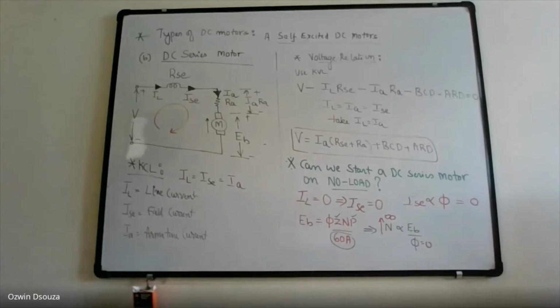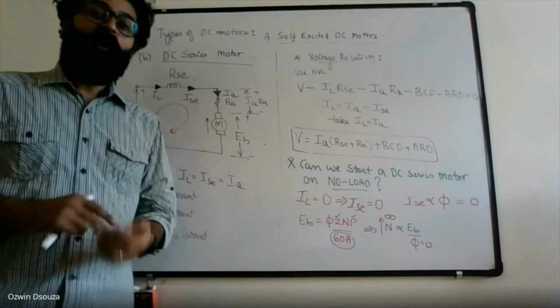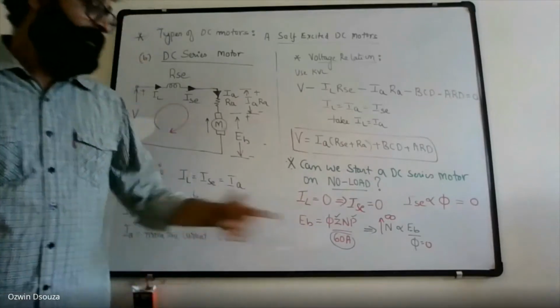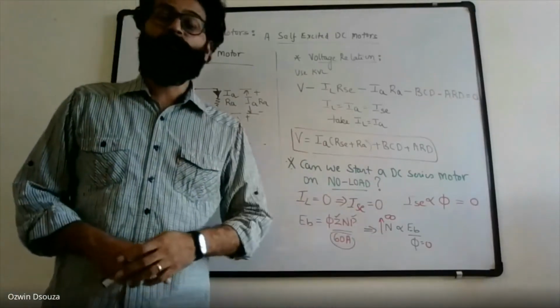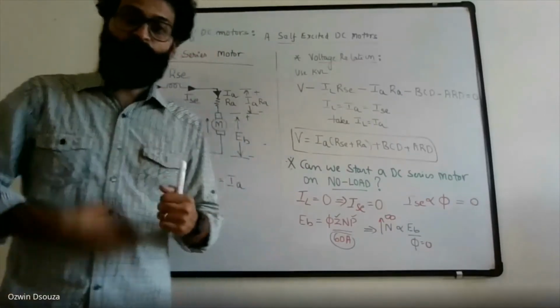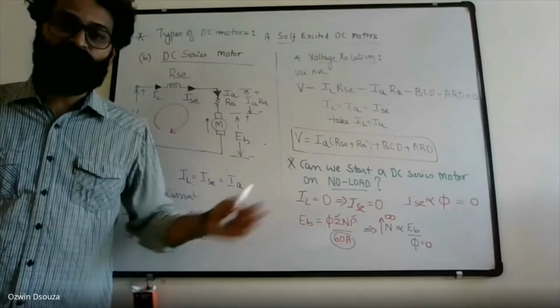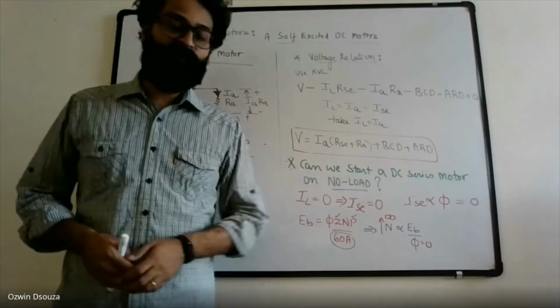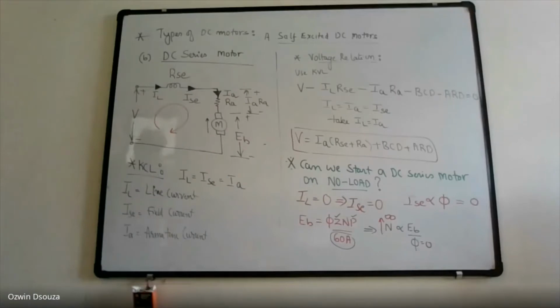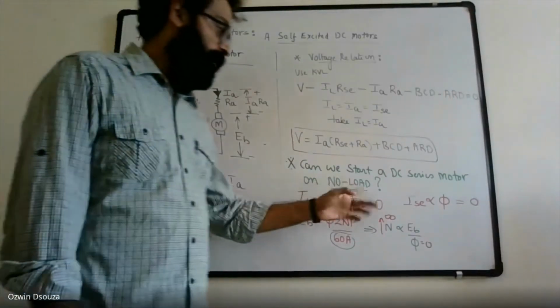So that can damage the motor itself, or it can even damage the operator, because at this very high dangerous speed, it can shatter the bearings and the rotating part of the machine can just burst open, and it can damage the surroundings. It can damage the wealth as well as the human operator. So that's the reason a DC series motor shouldn't be started on no load.